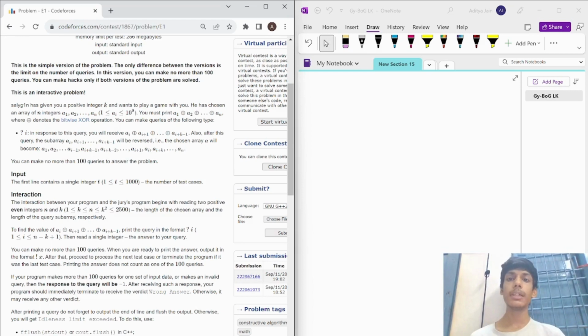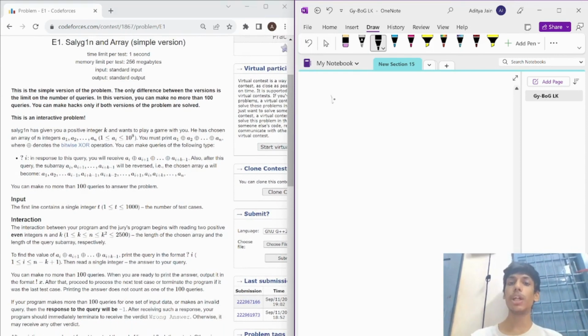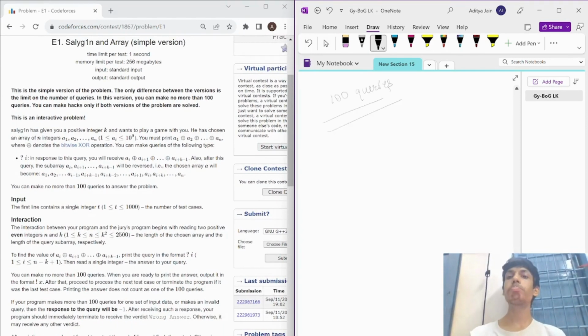Let's discuss that. In the first part of this problem, that is E1, you can ask at most 100 queries. So what is the type of query, what are you going to ask?